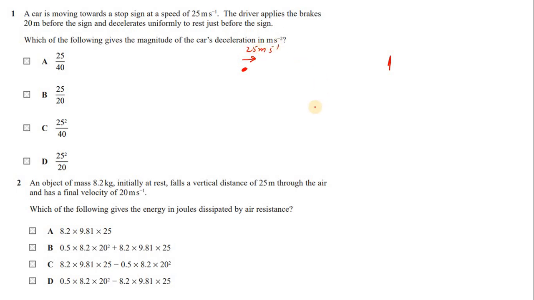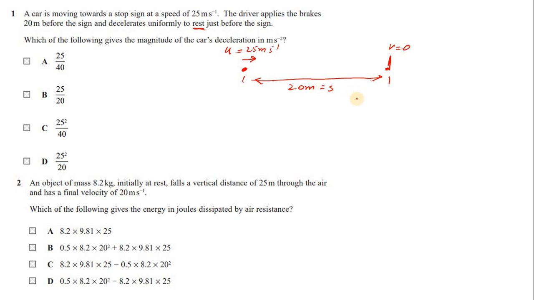The driver applies the brake, and that distance is 20 meters, and the car starts decelerating uniformly and comes to rest just before the sign. So here the car just stops, and you need to find the magnitude of deceleration. So you have initial velocity, and final velocity will be 0, and this is the distance given, s.